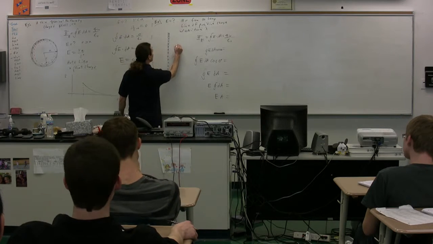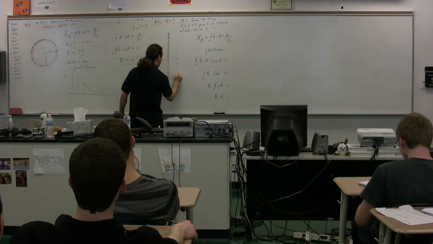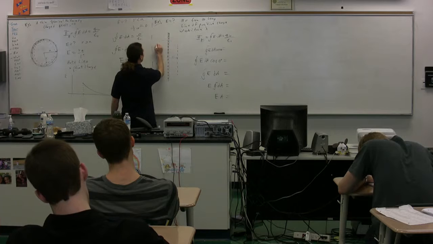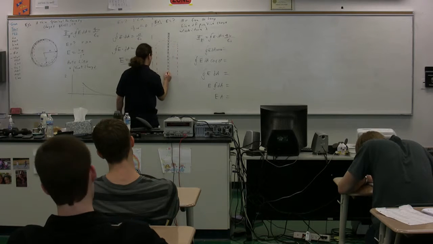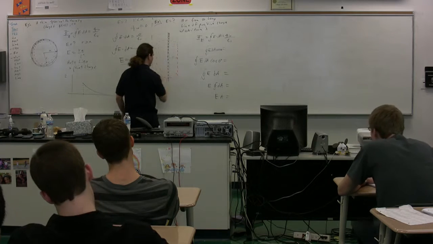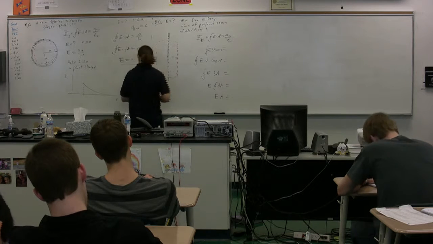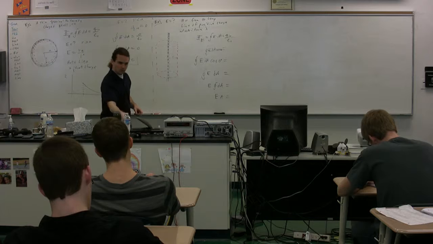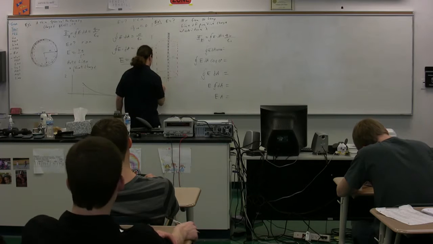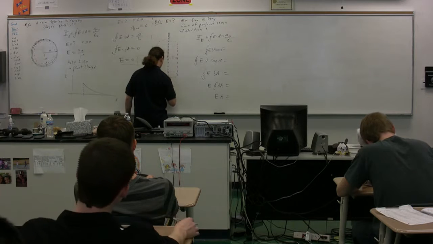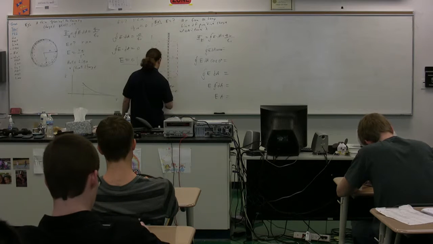So the cylinder is going to look like this. This is a Gaussian surface, which is a cylinder.